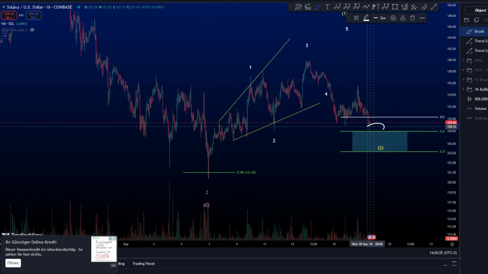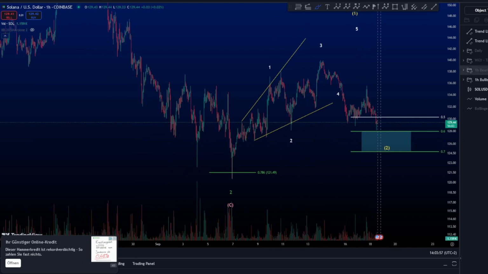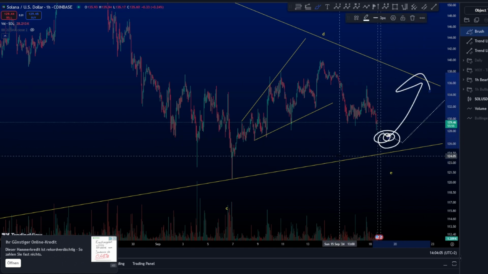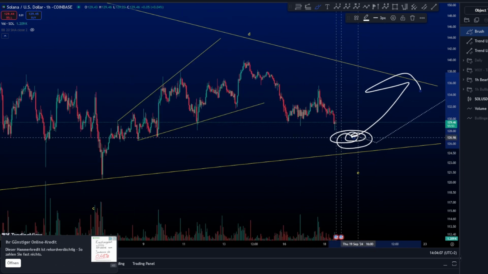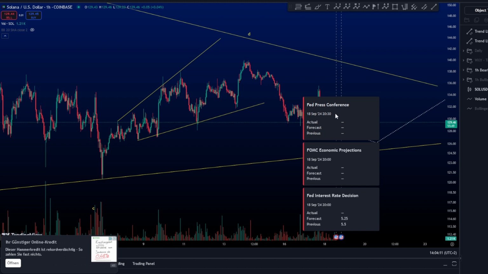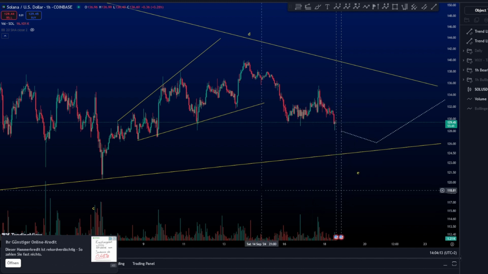Don't forget, this is in confluence with your bearish scenario, where your wave E wants to finish as well at the same area. Okay, so to be watched out, today is a very, very big day in confluence as well with the news of the interest rate.